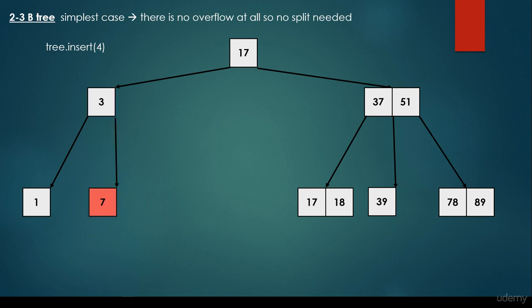And here we come to the conclusion that 4 is smaller than 7, so we insert it to the left of the 7. This is a second order B tree, so it is absolutely fine to store 2 items or 2 keys in the same node. In this case, this is a single node containing the 4 and the 7.